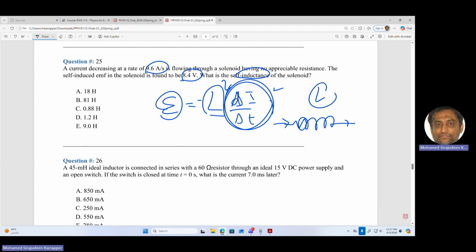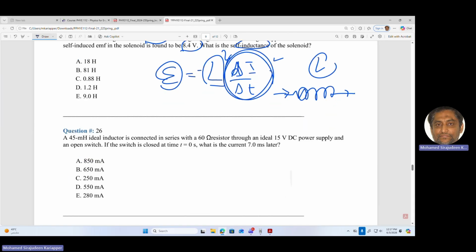So induced EMF to the left means the induced current is to the left. If you ask, that's how you should say it: the induced EMF will be to the left. If it's going to the right and it is decreasing, it's supportive. Very good. Okay, so you get the idea.